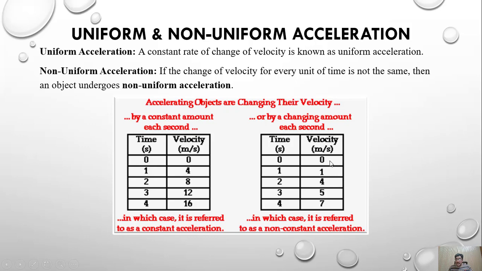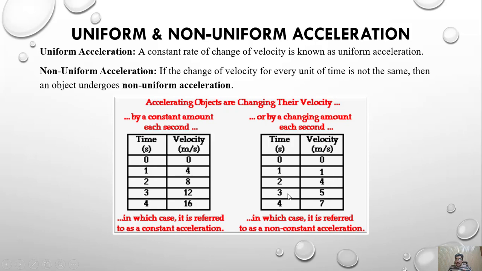Now see here, if you take the difference, initially 0, after 1 second there is a difference of 1, and after another interval, between 1 meter per second and 4 meters per second, there is a difference of 3. There was a difference of 1 meter per second, then a difference of velocity of 3 meter per second.